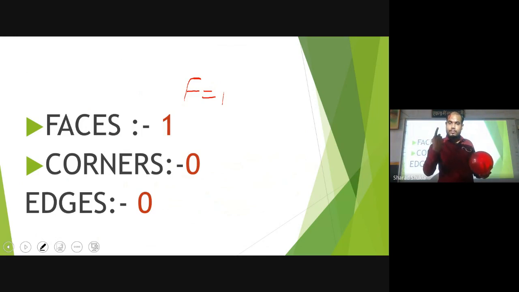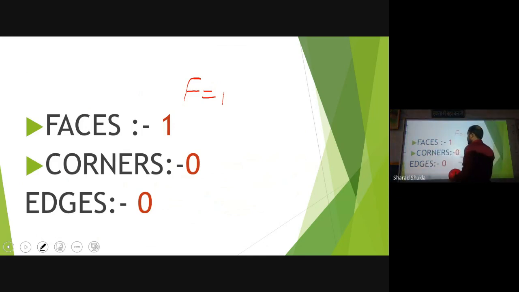We have only one face. It is very clear. So edges becomes 0. So we find here faces is 1, corners is 0, and edges is 0.